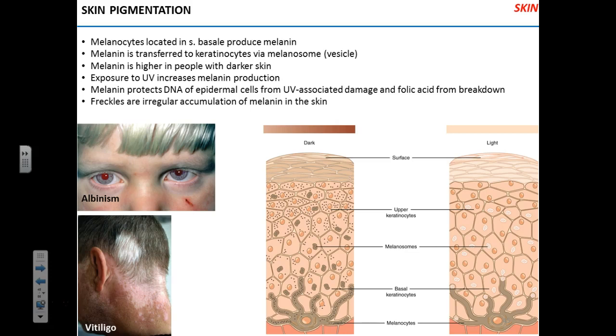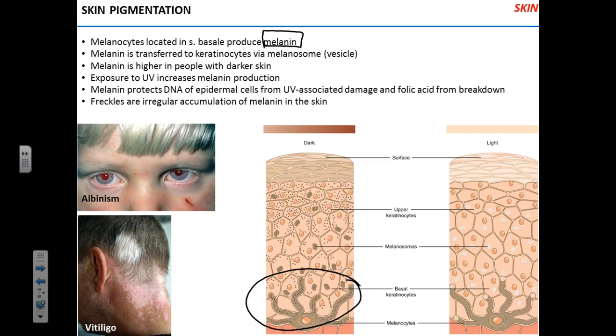So, a little bit about skin color and skin pigmentation. Cells that are responsible for the pigmentation of the skin are melanocytes. Melanocytes in the stratum basale produce the protein called melanin.